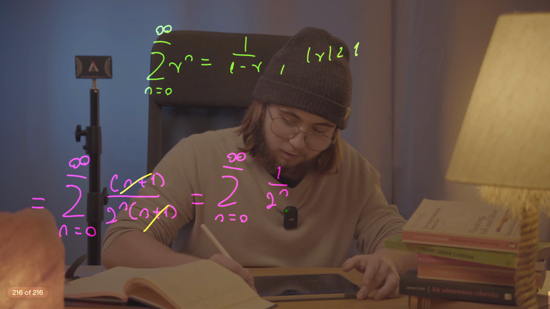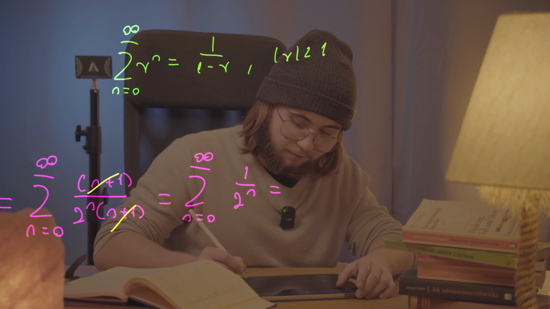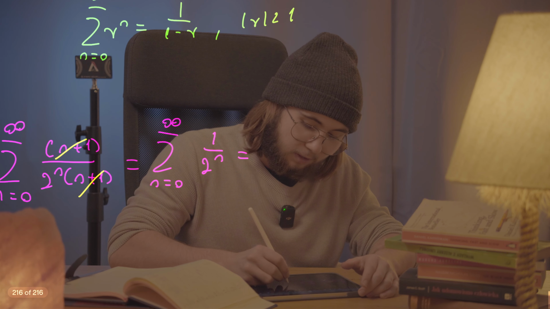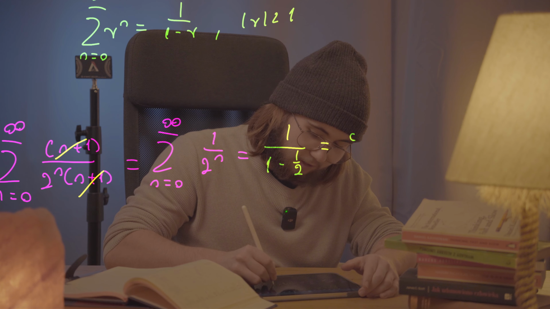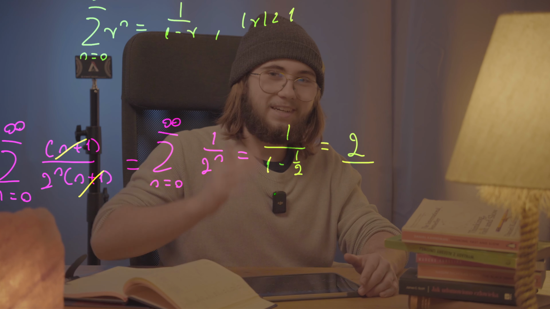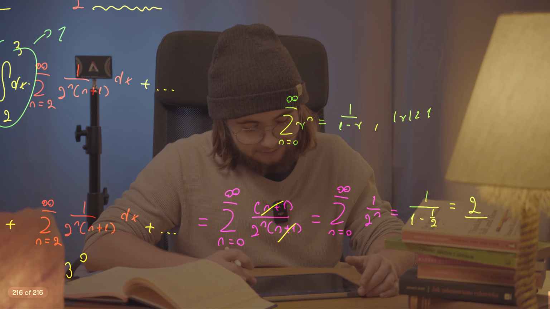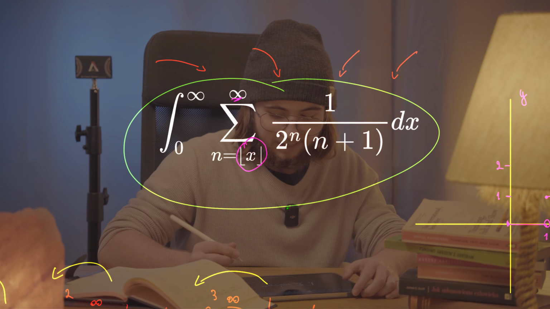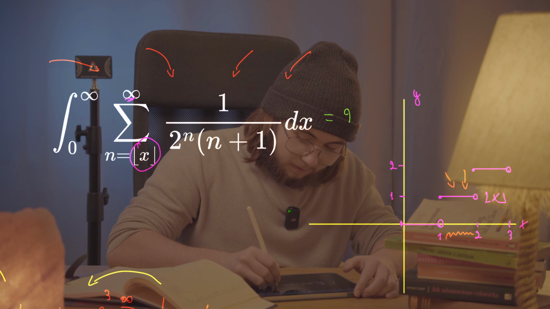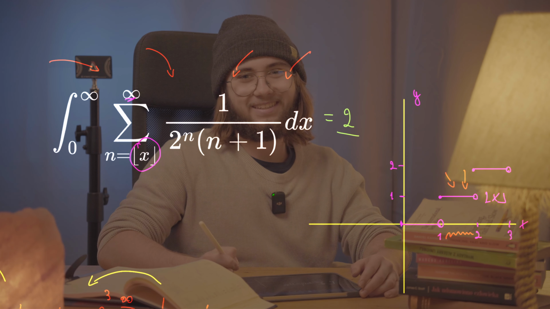It is. So we can use this to say that this entire thing is going to nicely evaluate to 1 over 1 minus a half, but this is just a 2, and so we get our final answer, and it turns out that this beautiful monster we had right there is equal to 2.